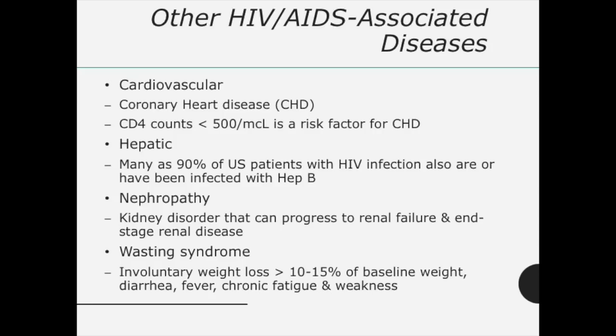So this is that weight loss. So a lot of people with HIV will have this involuntary weight loss. So they'll lose greater than 10 to 15% of their baseline weight. This is related to the diarrhea that they're experiencing, fever, chronic fatigue, and weakness.